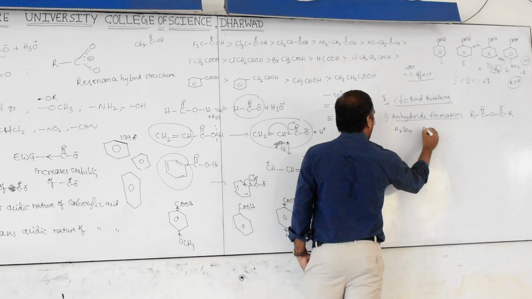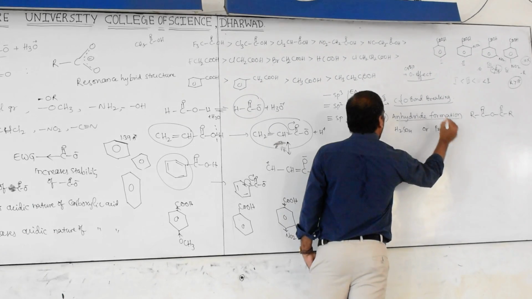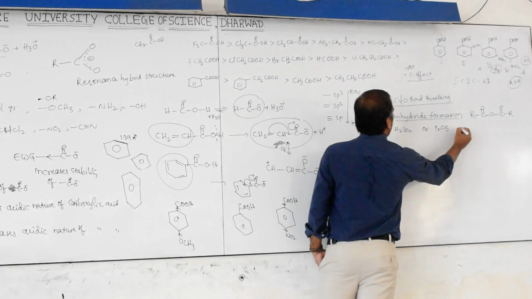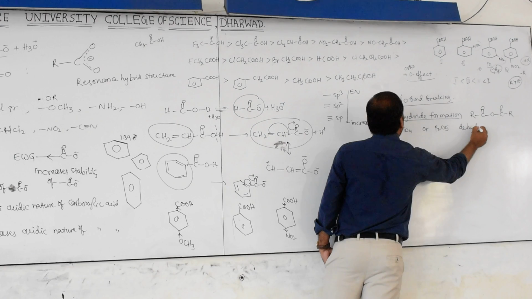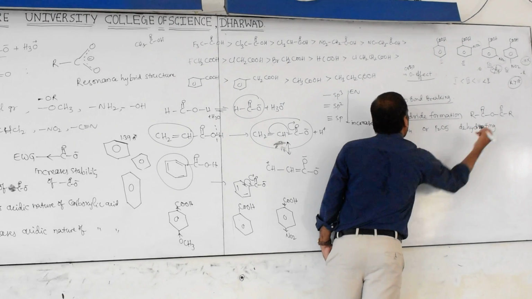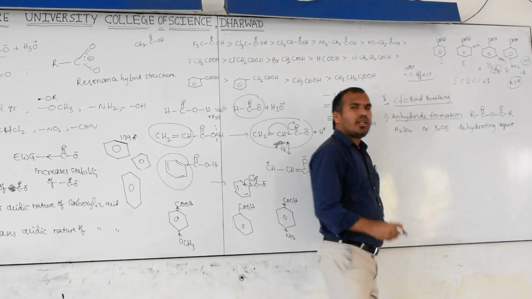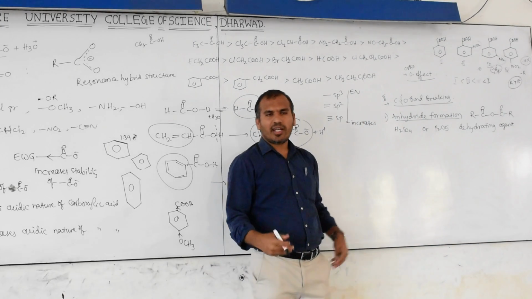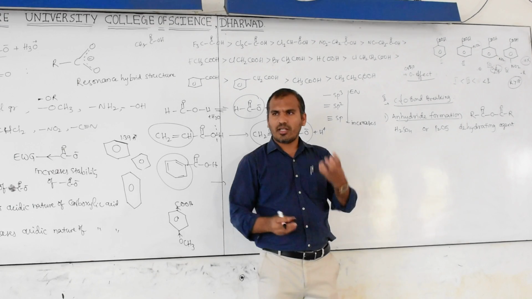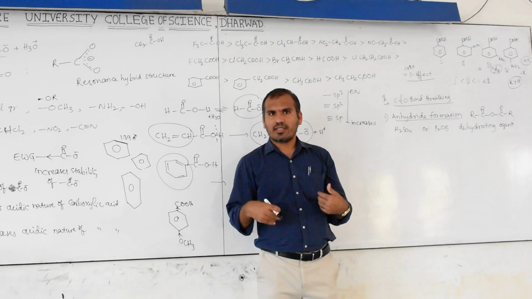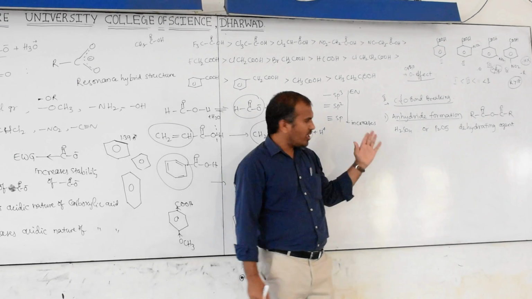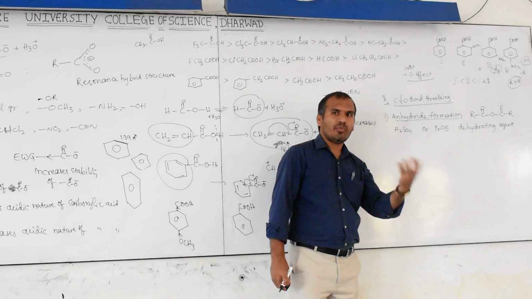H2SO4 or P2O5 are dehydrating agents. Dehydrating agent means what? They remove the water molecule. Dehydration: in summer, generally we lose water and feel thirsty. So here also, dehydrating agent means water removal.